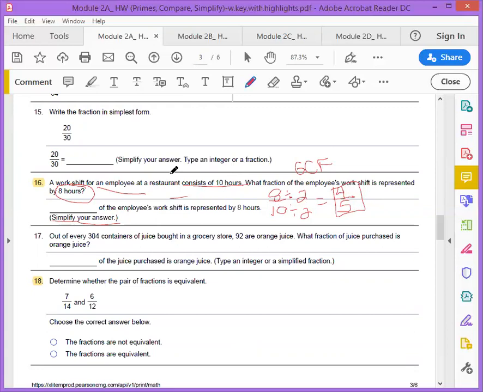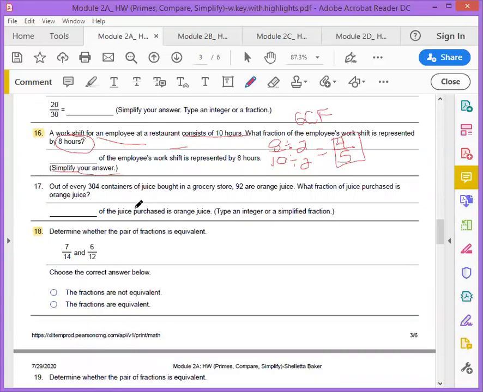All right, now number 18, this is the last problem we'll do. To determine whether the pair of fractions are equivalent, we're going to cross multiply. Now I'm circling the terms that are directly diagonal to each other, and those are the terms we're going to multiply.